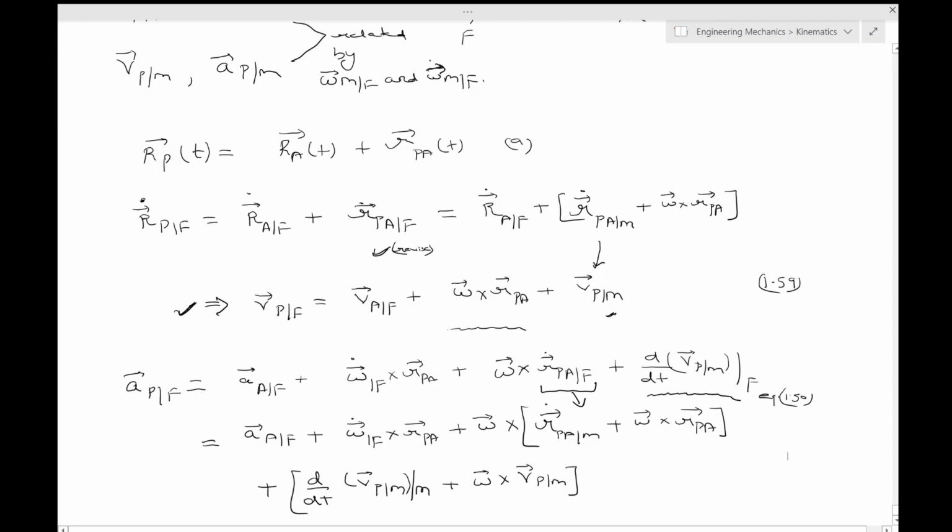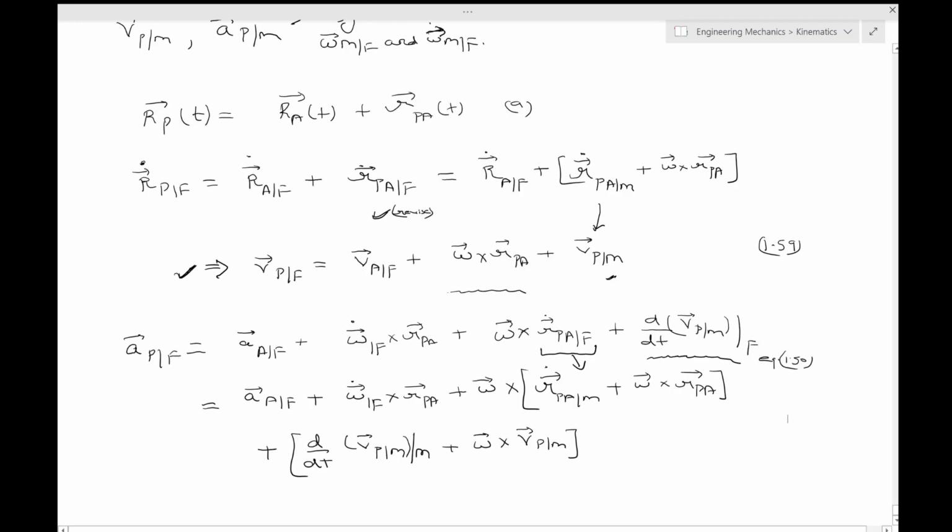Okay, so this is coming from, let's see what it was. I think I should write it for the sake of completion. But you should go back and check the derivation of 1.50.